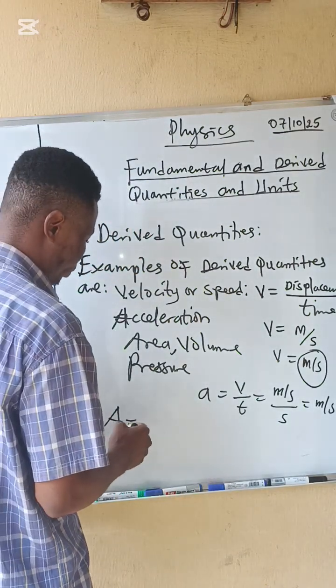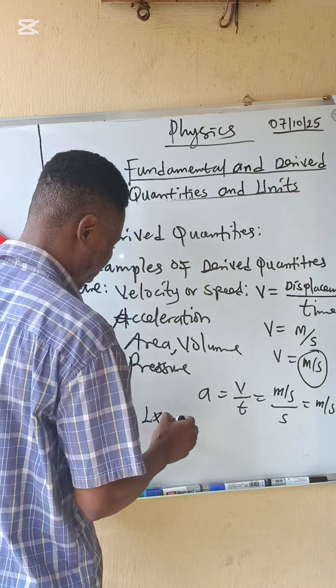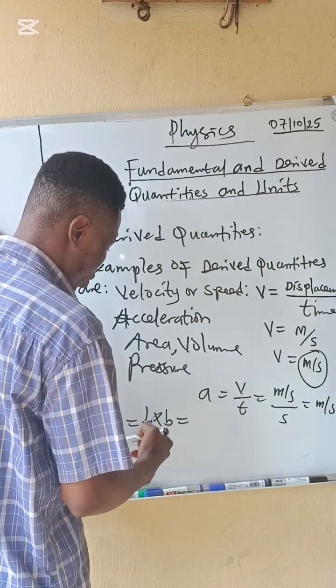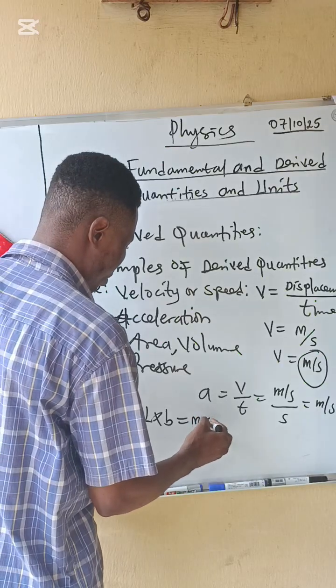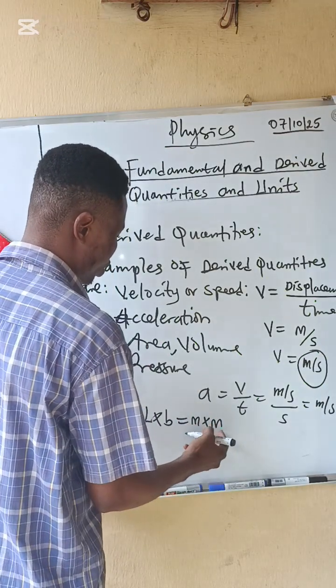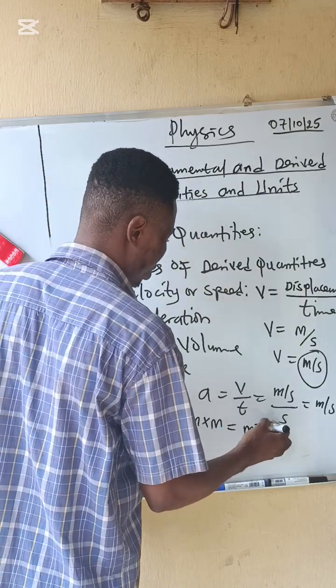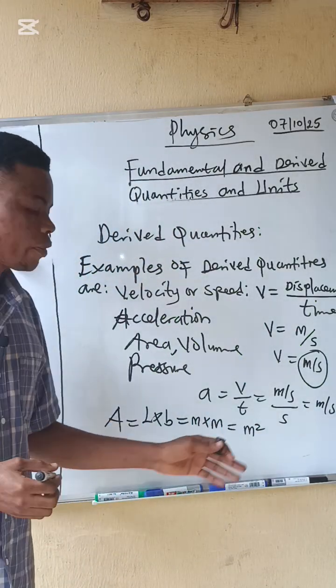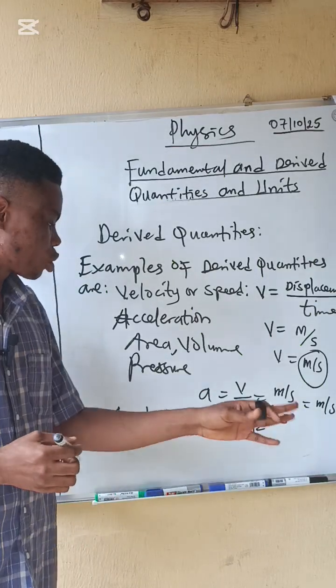Even area is length times breadth. Length is measured in meter, and breadth is also measured in meter. When you multiply these two together, you get meter squared. So the unit for area is a derived unit, which is meter squared.